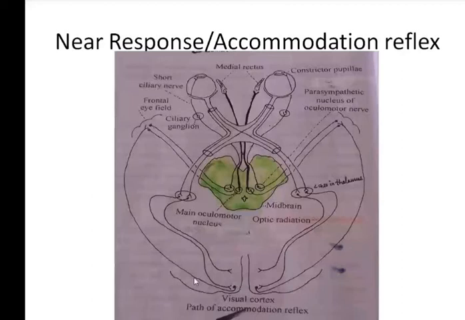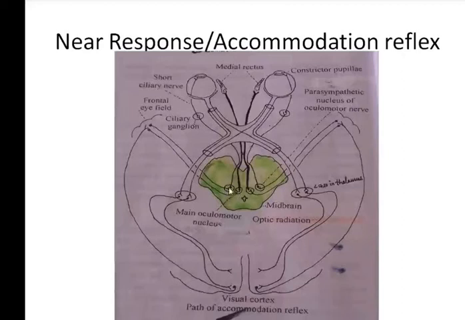to the frontal eye field. Okay, frontal eye field. Information is going to the frontal eye field. From there, the information is also going to these nuclei. One nucleus is the parasympathetic nucleus. Another is the oculomotor nucleus.